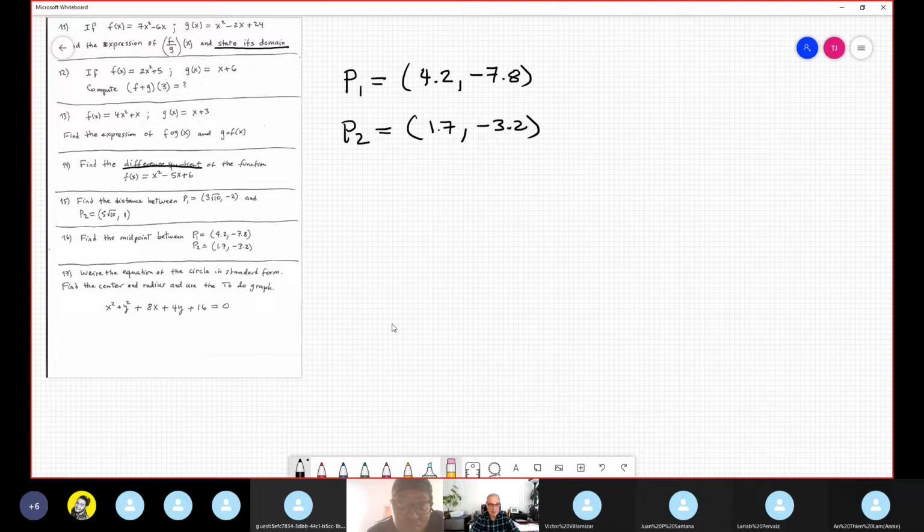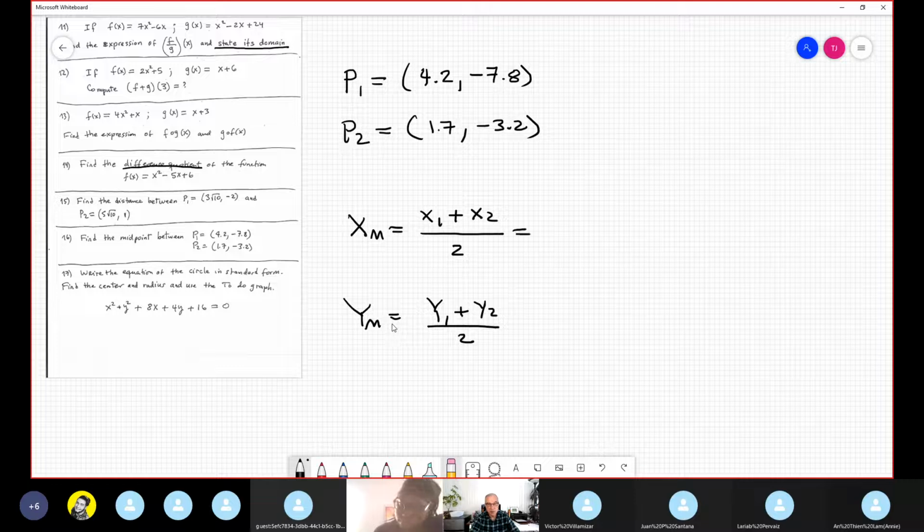The formula for the midpoint is x sub m, the midpoint, equals x1 plus x2 divided by 2. Likewise, y sub m, the y component of the midpoint, is y1 plus y2 divided by 2. So it looks like an average of the components.